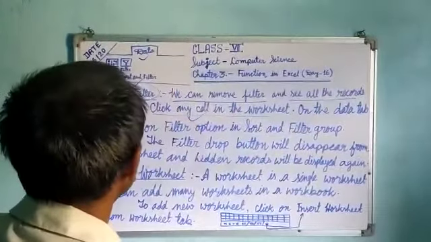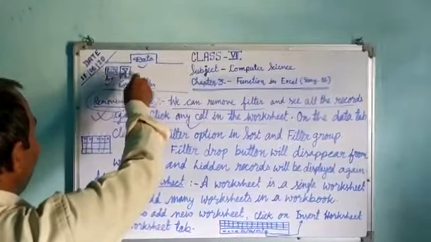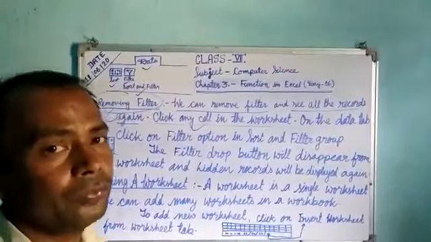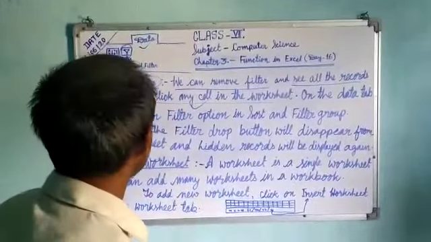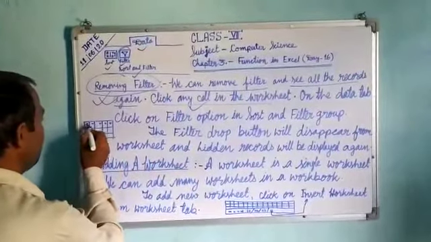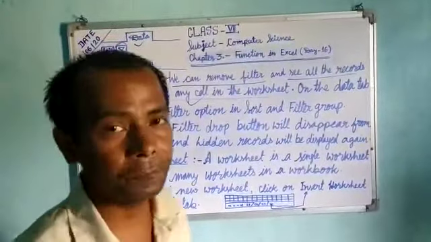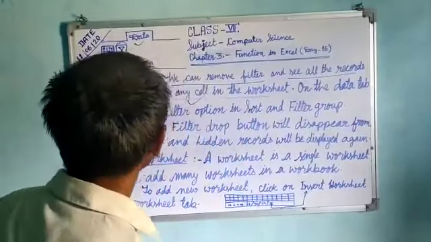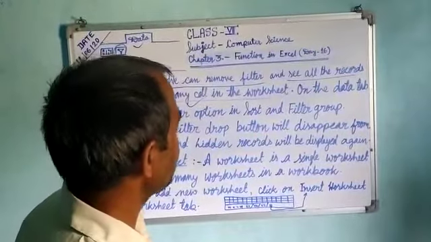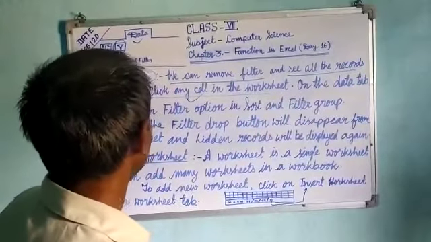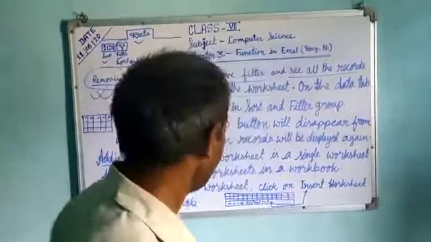This is the broad section, and in this section we can find the sort and filter options. So we have to click on the filter option. Whenever we click the filter option, the drop-down buttons which were there earlier are going to disappear, and we can see all the data which was available previously. So in this way we can remove the filters and see the data once again.